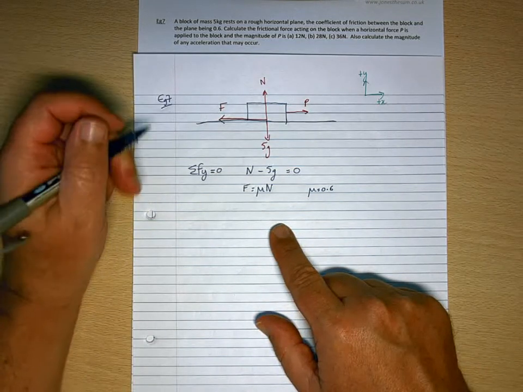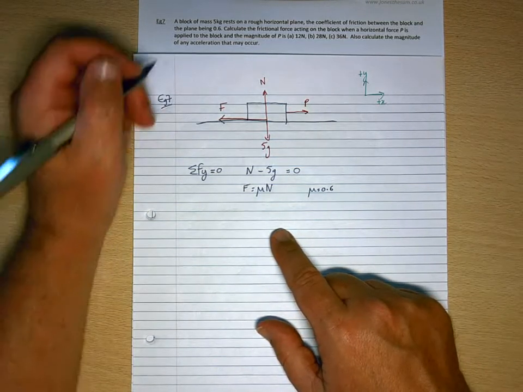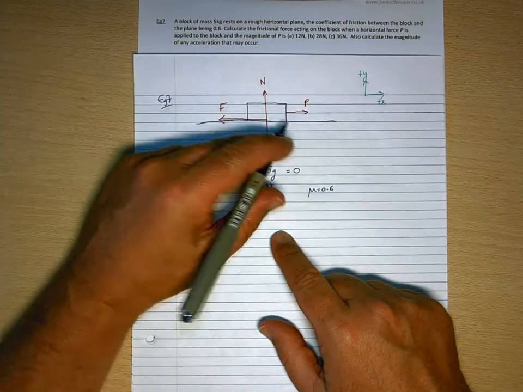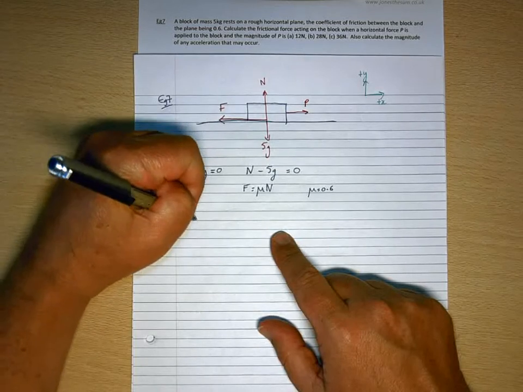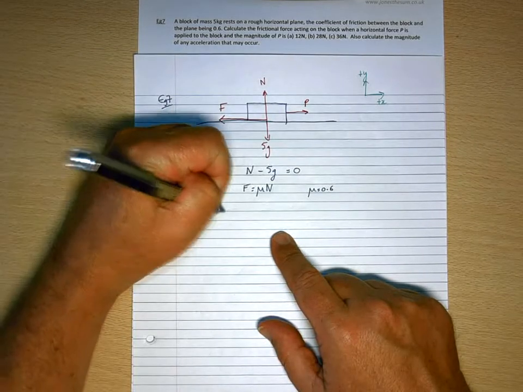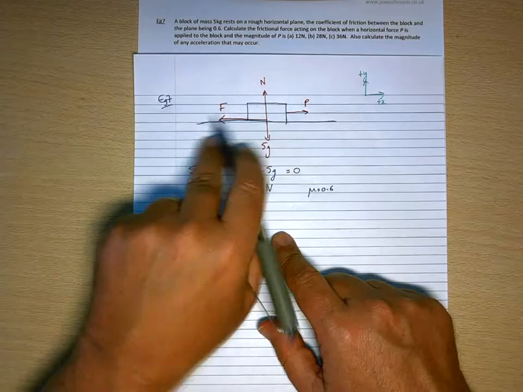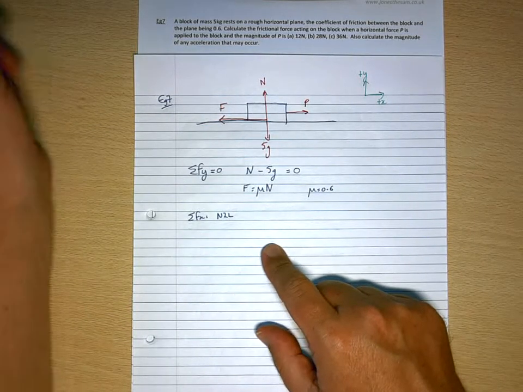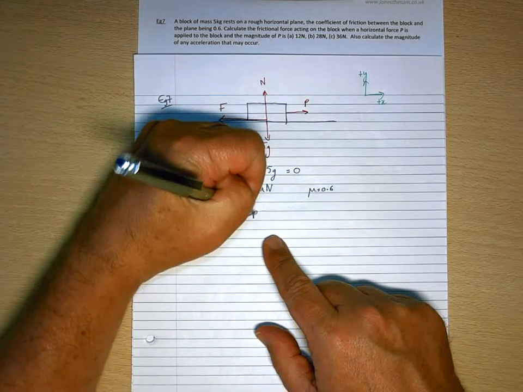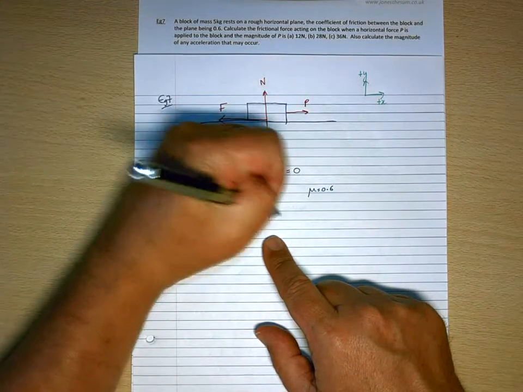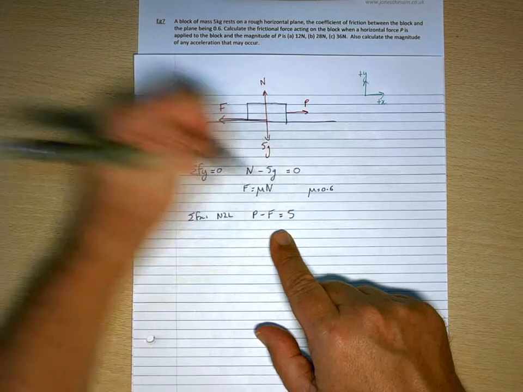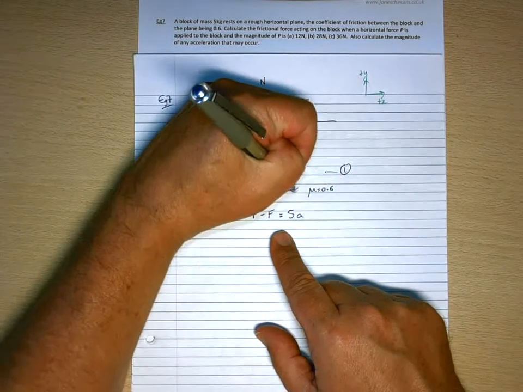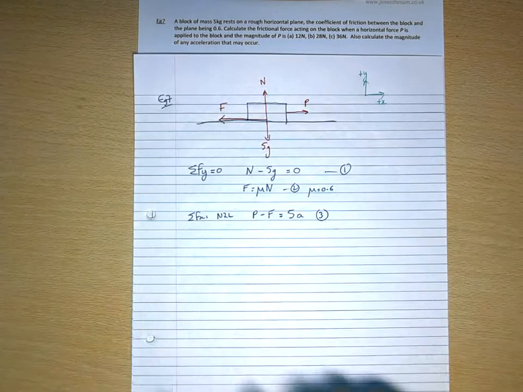And we also know that the pulling force, if we have any motion, will be horizontal. So we would have Newton's second law acting in that direction, and we'd have P minus F equals ma. So those are our three equations.